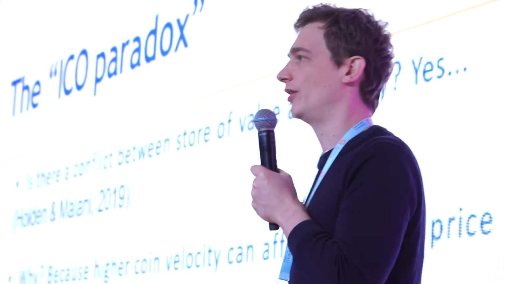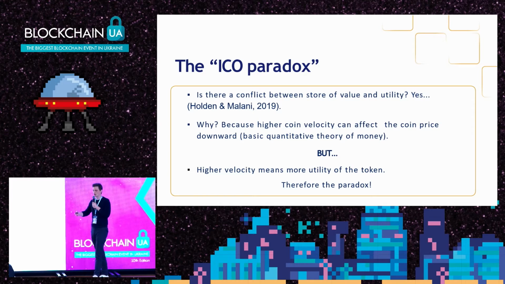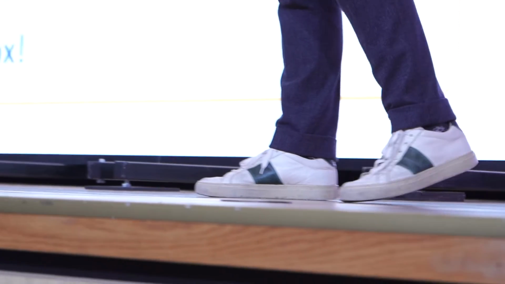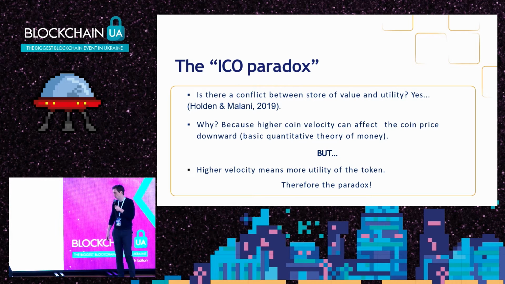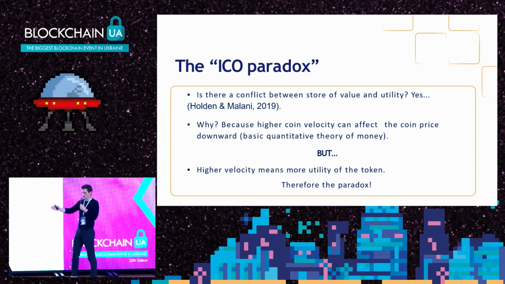That's the definition of velocity. But velocity will affect the price, because the more you transact, everything else being equal, your price would go down. This is a basic theory of money, called the quantitative theory of money.